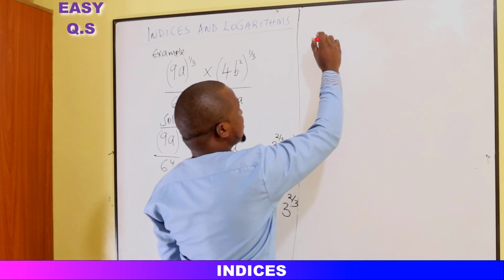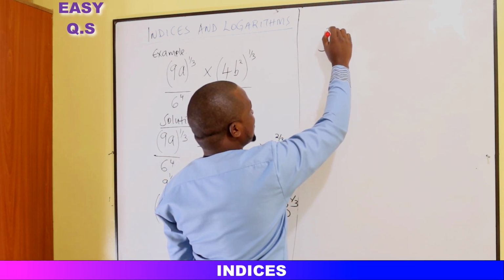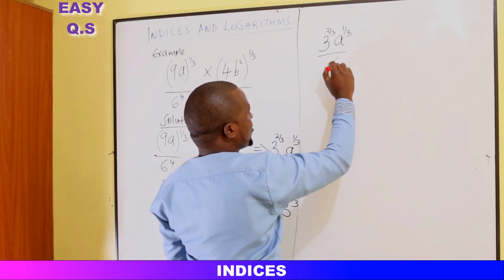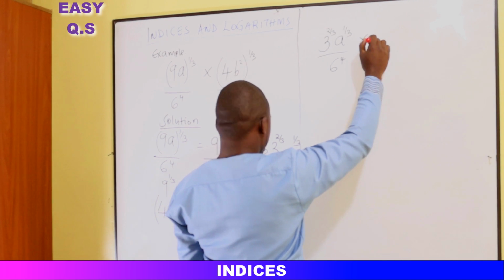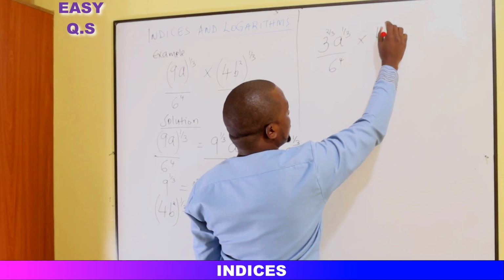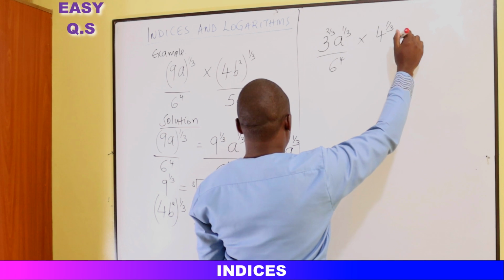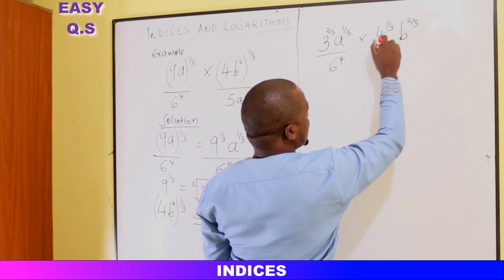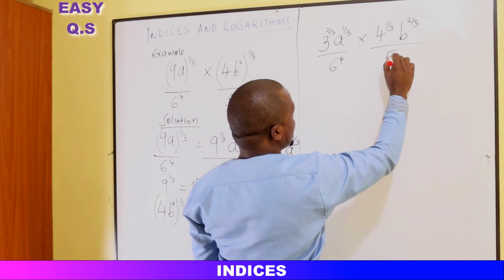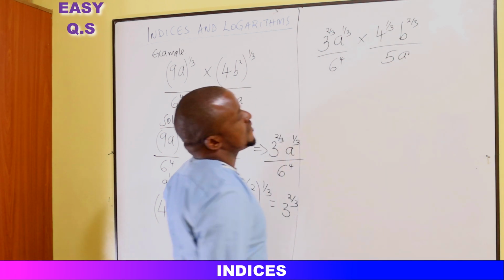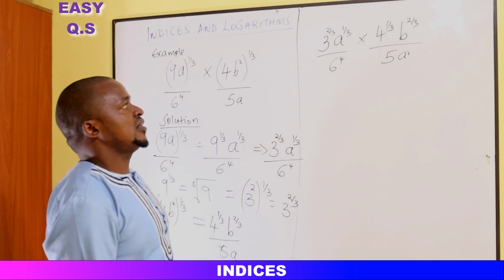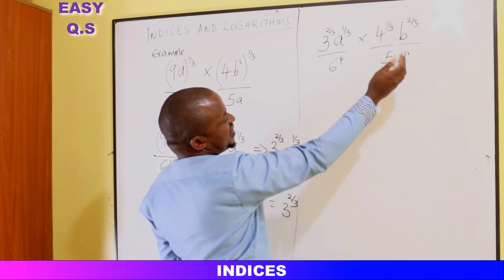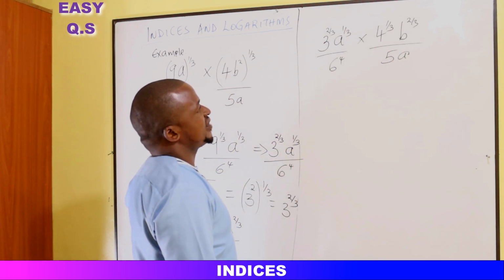This now gives us 3 raised to power 2 over 3, a raised to power 1 over 3, over 6 raised to power 4, times 4 raised to power 1 over 3, b raised to power 2 over 3, over 5a. Still we can split 4 to give us 2 squared, and 6 as 3 times 2.